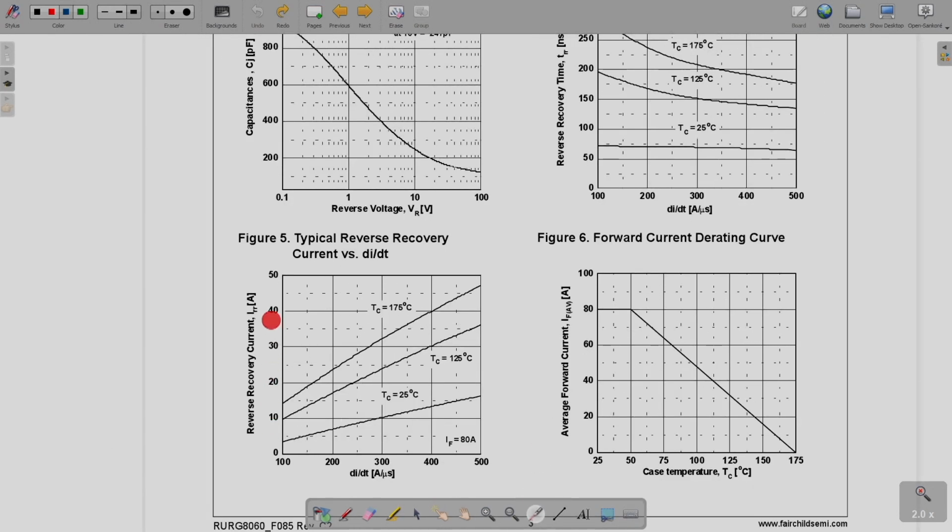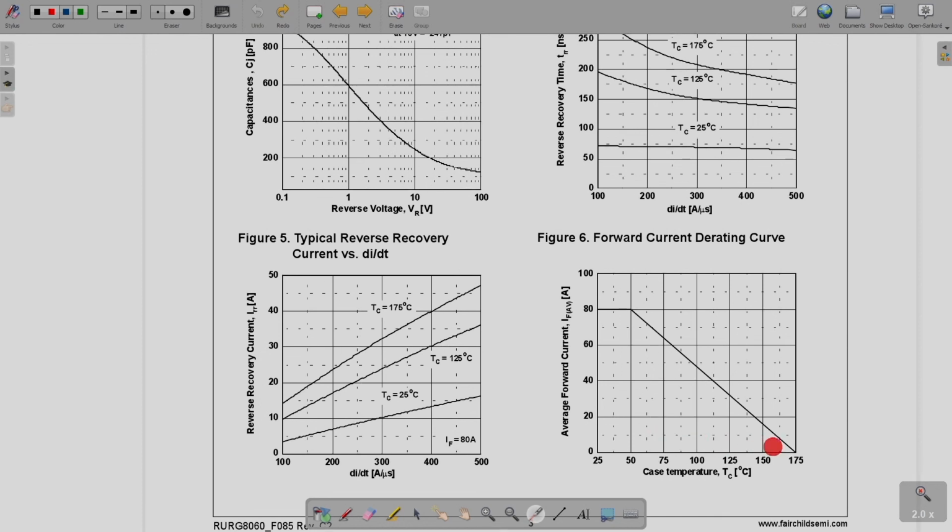Then we see the reverse recovery current IRR versus di by dt. As di by dt increases, your reverse recovery current also increases. Then this is average forward current versus case temperature.